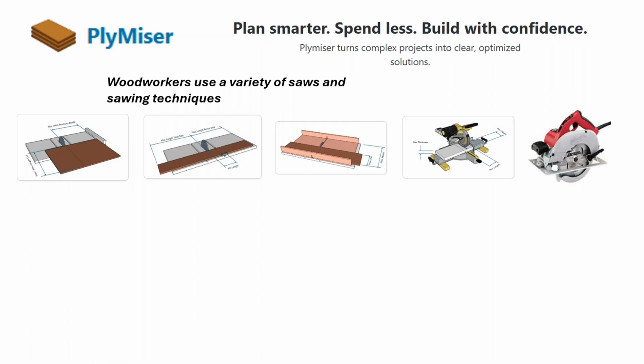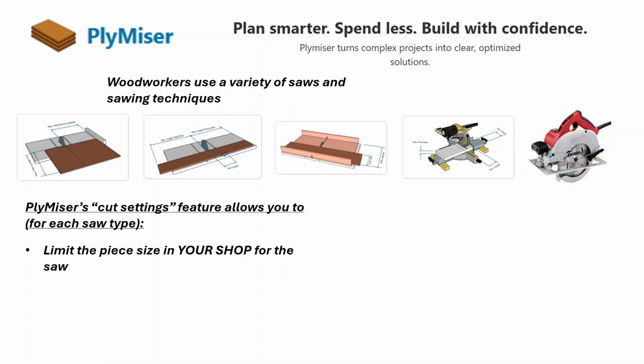So you use a lot of saws when you're a woodworker. You use the circular saw, table saw, chop saws. But with each saw in your shop, PlyMiser allows you to put settings on that saw so you know how big of a piece you can cut on that saw given the space you have in your shop. You might want to, for instance, I don't want to cut pieces on my table saw that are less than a half an inch.